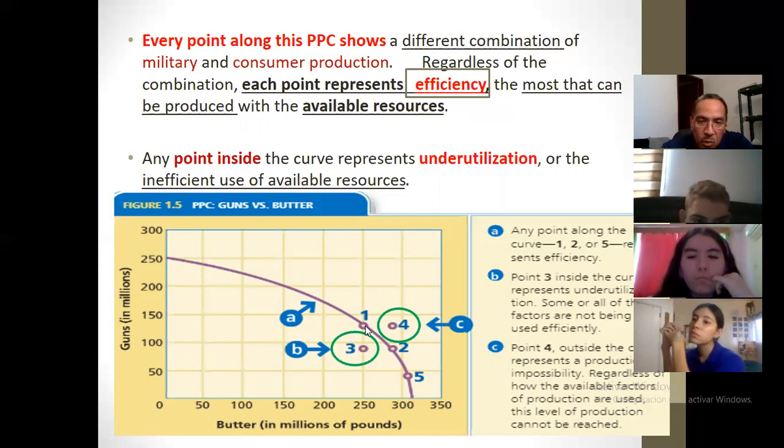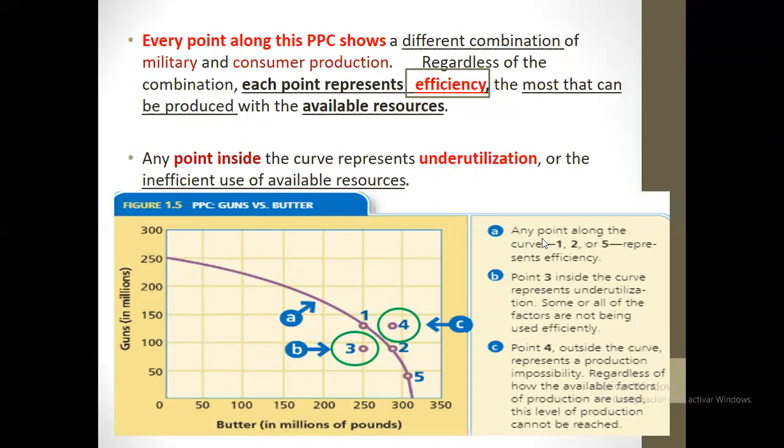En el punto 1, 2 o 5 están utilizando los recursos de una manera eficiente. Okay, like it says over here, guys. It says any points along the curve, 1, 2, or 5 over here, represent efficiency.